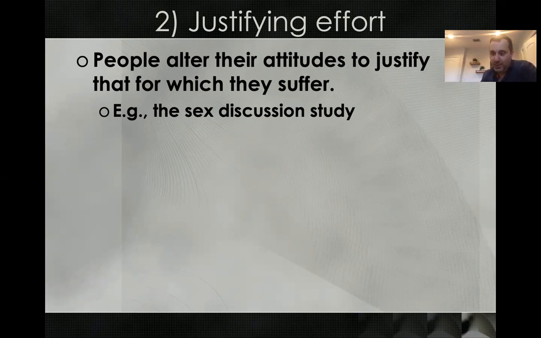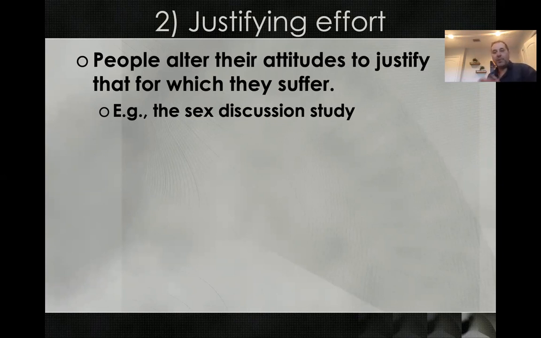And the other half of those women have to undergo this more severe initiation where they have to read off a list of very explicit sexually suggestive words, which to those women should be pretty embarrassing to do in front of this male experimenter. So this is kind of mimicking being initiated and undergoing the suffering in order to join this group. But after that initiation, all the women are allowed to join the group.